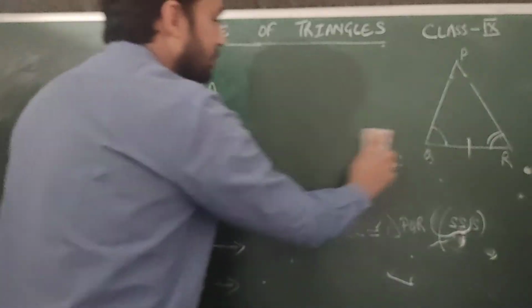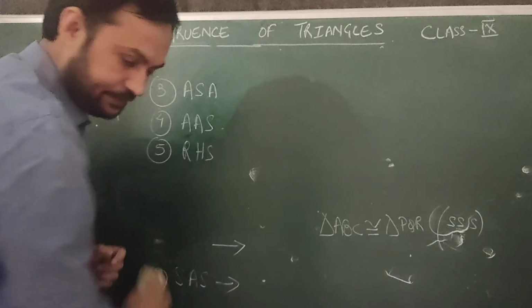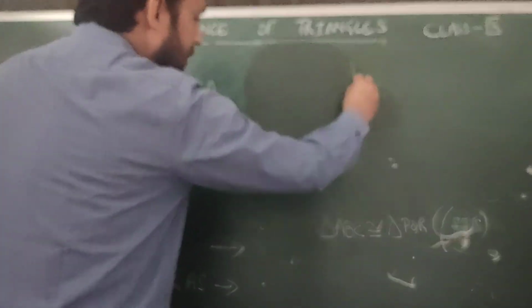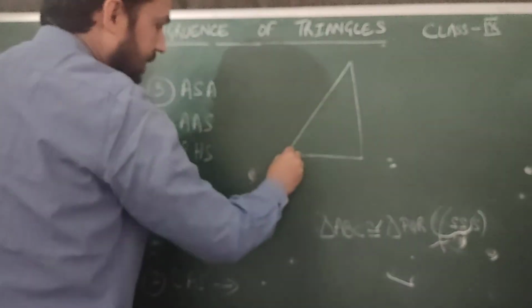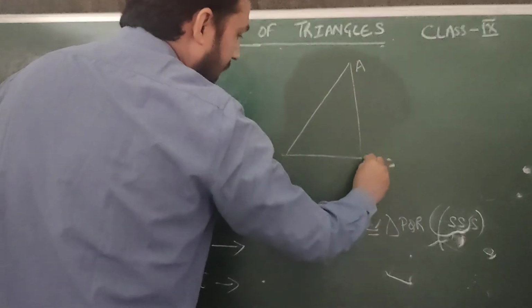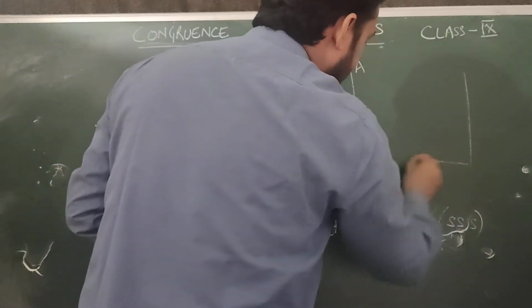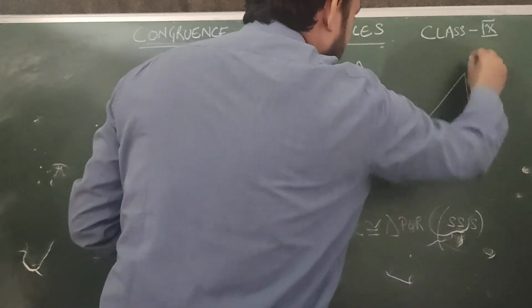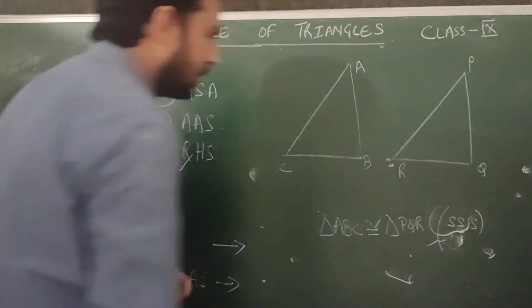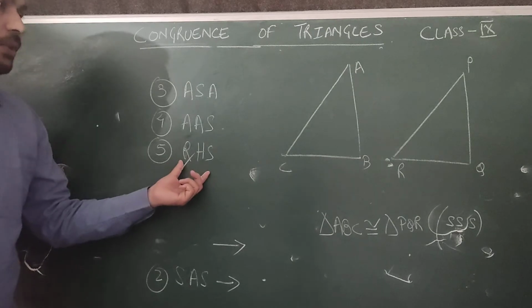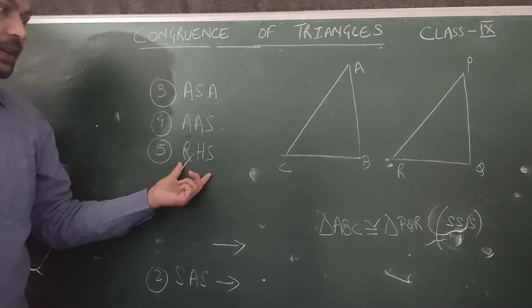RHS means supposing we have two right angle triangles. Let's see like this. This condition is valid only in RHS, means only in right angle triangles. So PQR. So how can we say two triangles are congruent by RHS criteria?